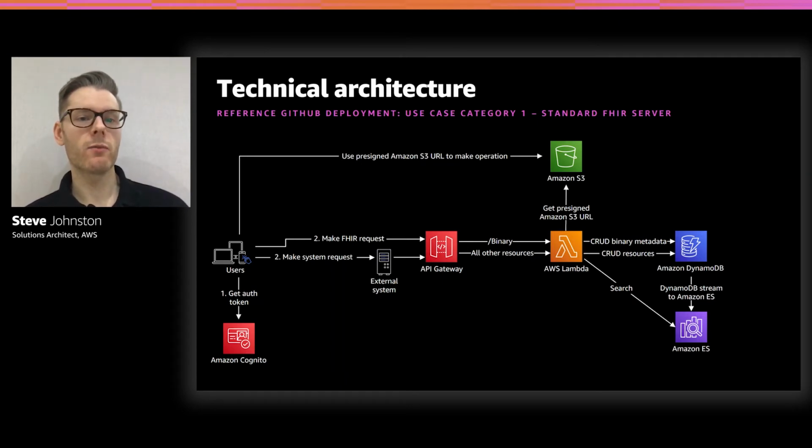Creates and updates will also use the pre-signed S3 URL, and following that, the associated metadata will be stored in DynamoDB. In all cases, changes to DynamoDB are streamed to Amazon Elasticsearch. Search interactions for all resources then occur against Amazon Elasticsearch.